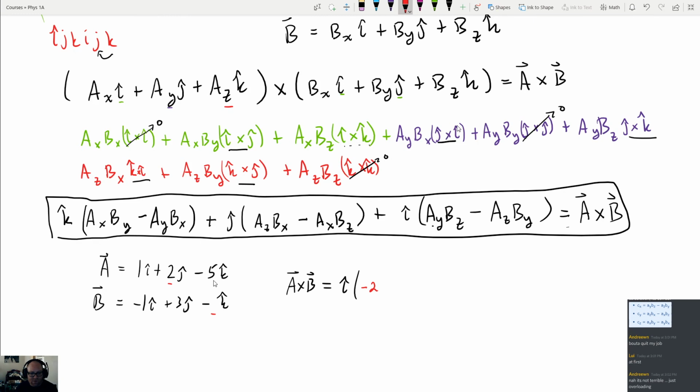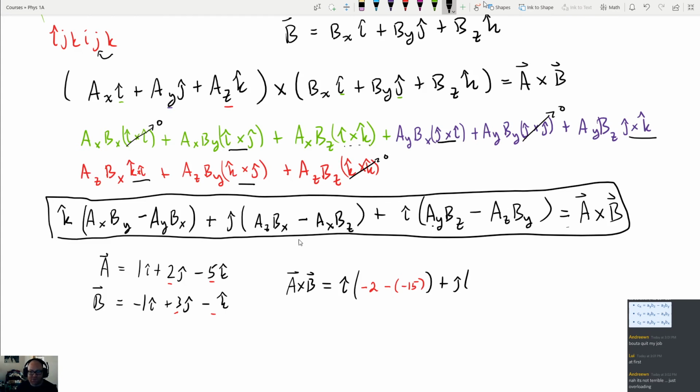Minus AZBY. Well, AZ is negative 5 times 3 is 15. So minus negative 15.